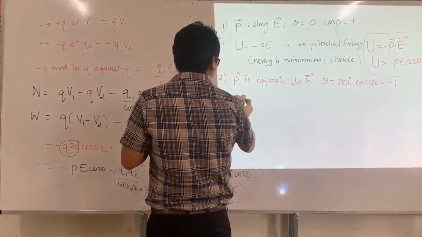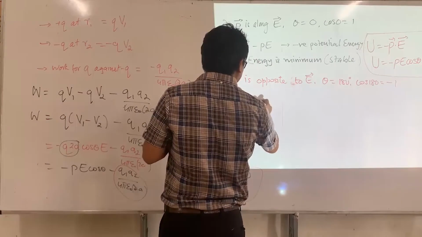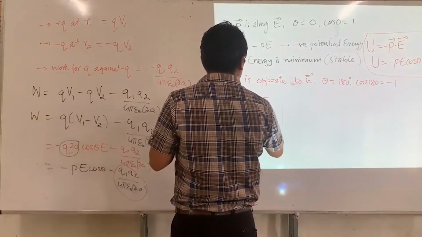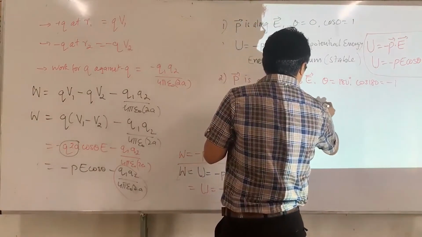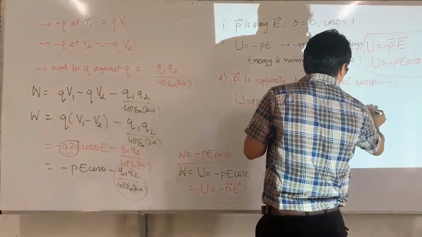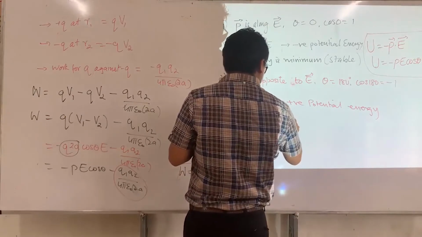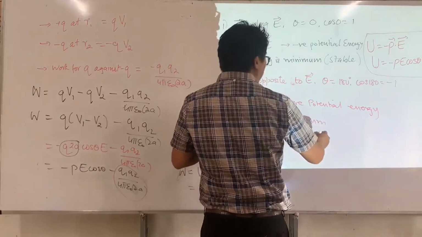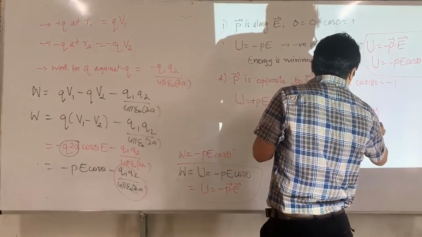So therefore, U is minus into minus is plus, plus PE, a positive potential energy. So energy is maximum, right? If energy is maximum, then the state is unstable. This is an unstable state.